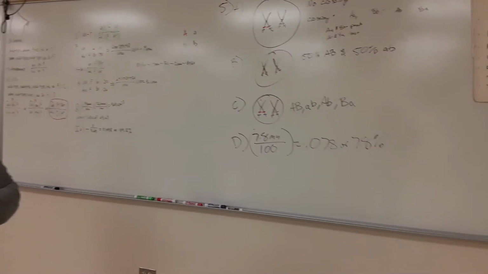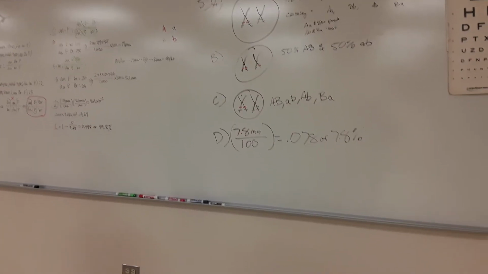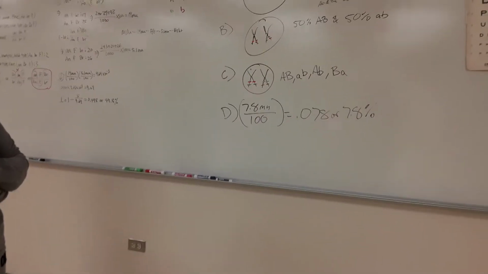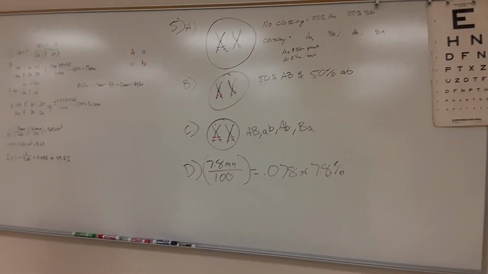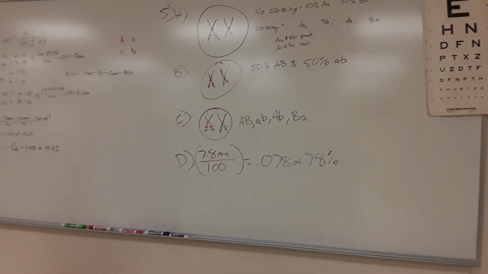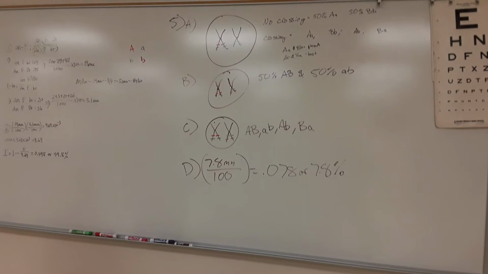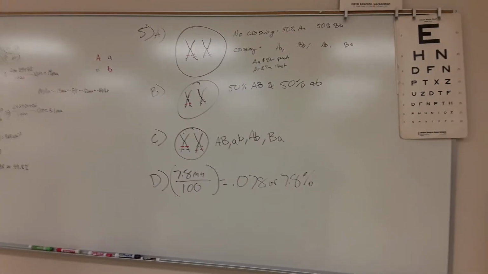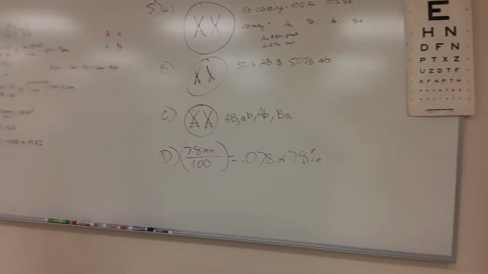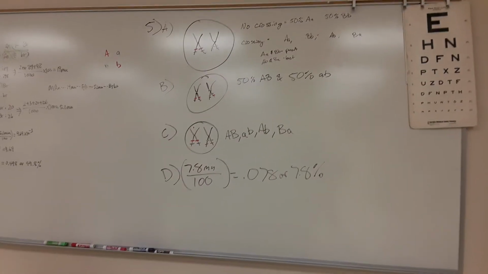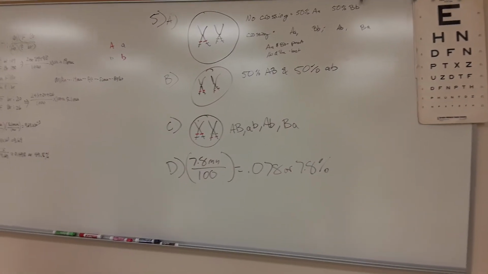So then C, we are crossing over, the same situation as B. So we will get the homozygous dominant, homozygous recessive, and the heterozygous for each of them.